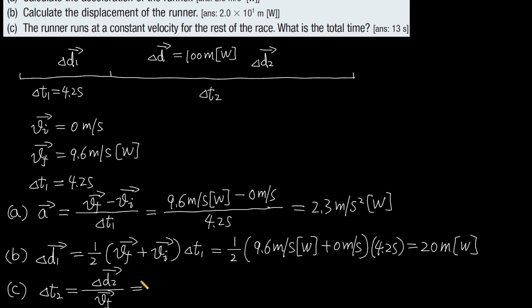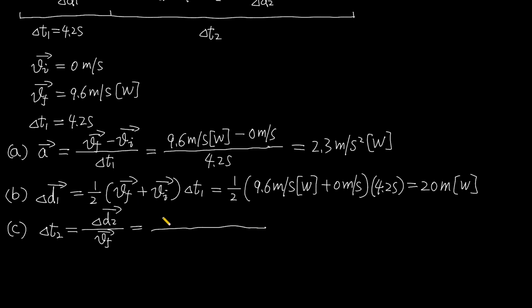And displacement 2 just equals the total displacement minus displacement 1. The bottom is the final velocity.